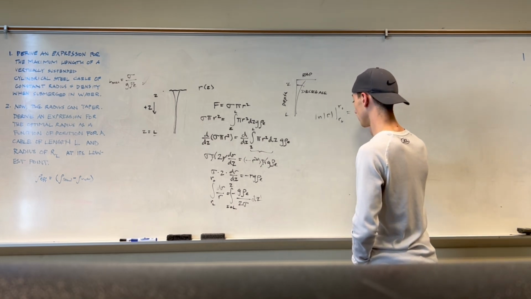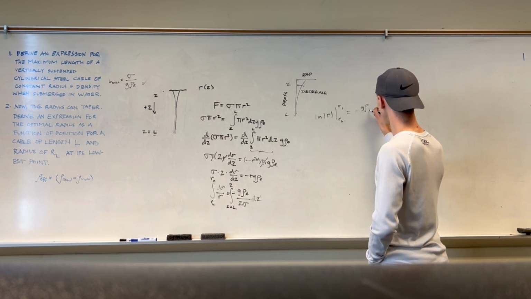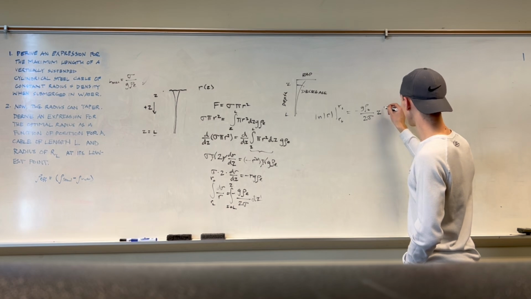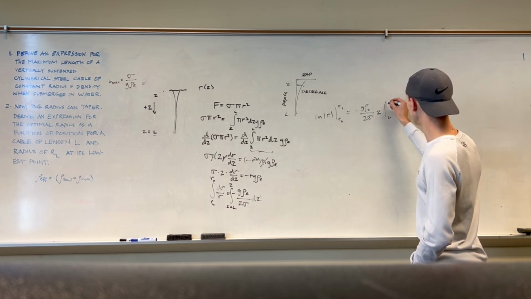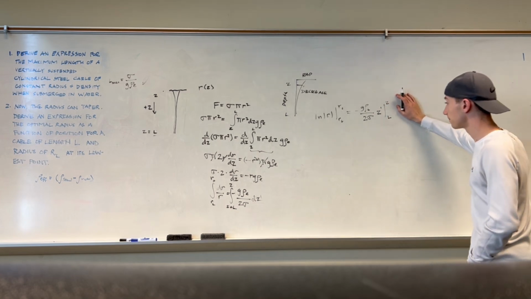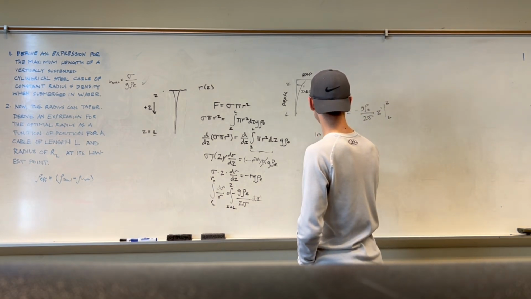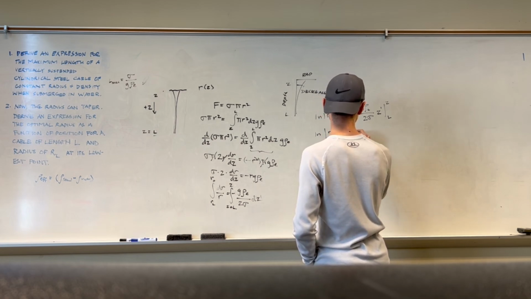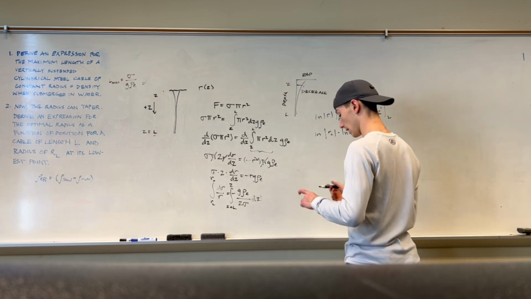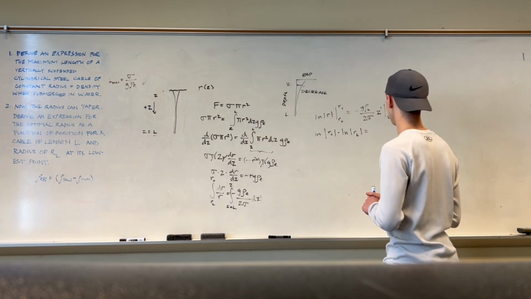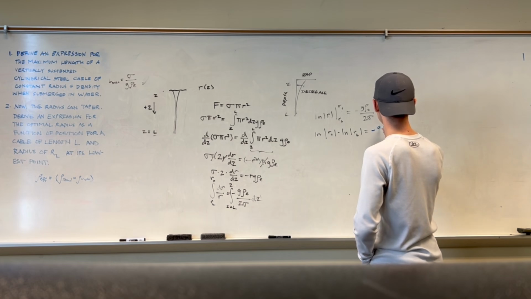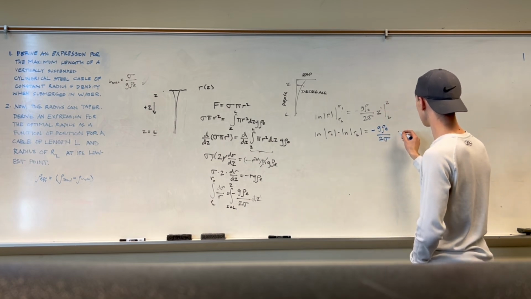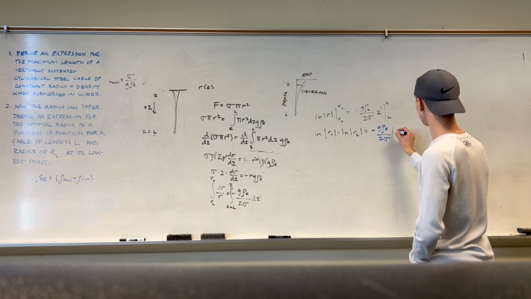This equals negative G rho E over 2 sigma, and then z prime evaluated from L to Z. Substituting those in, we get the natural log of R naught minus the natural log of RL equals negative G rho E over 2 sigma times Z minus L.